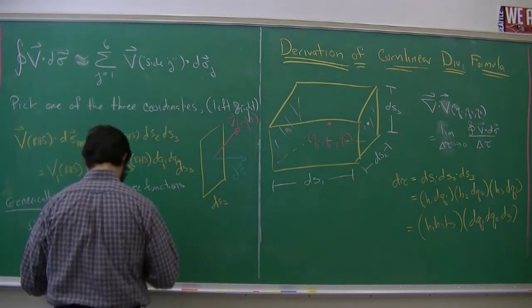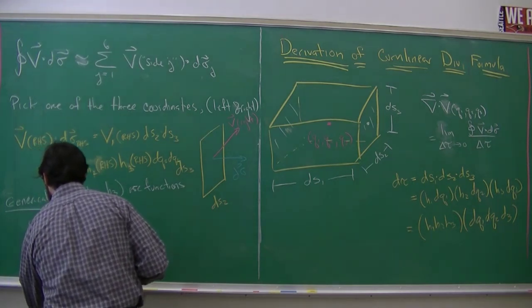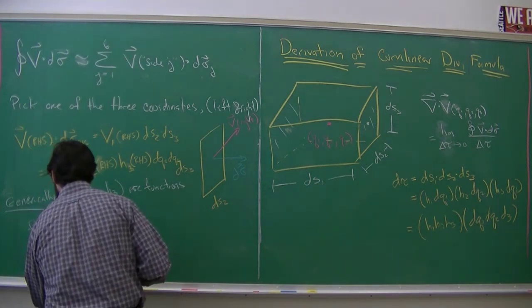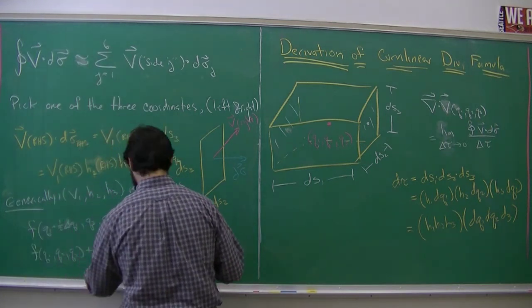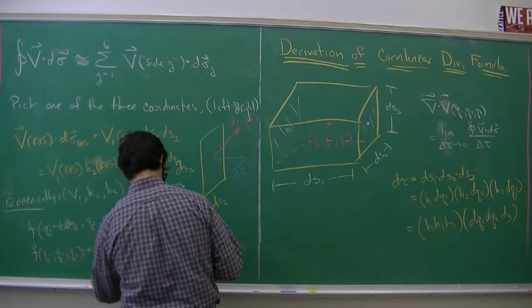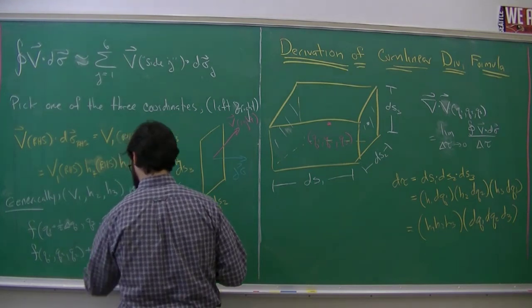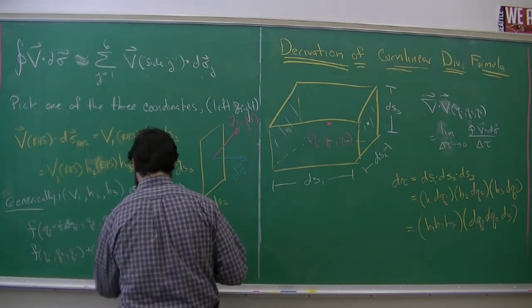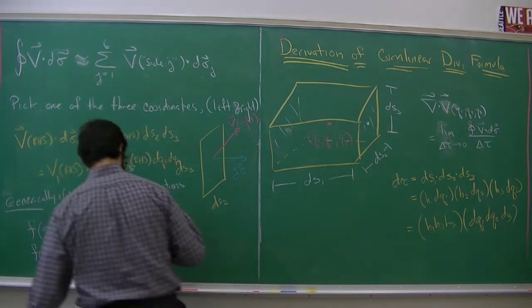That's f evaluated at Q1, Q2, Q3, at the center. And the correction is that I have to move this over by 1/2 delta Q1, times partial f, partial Q1.